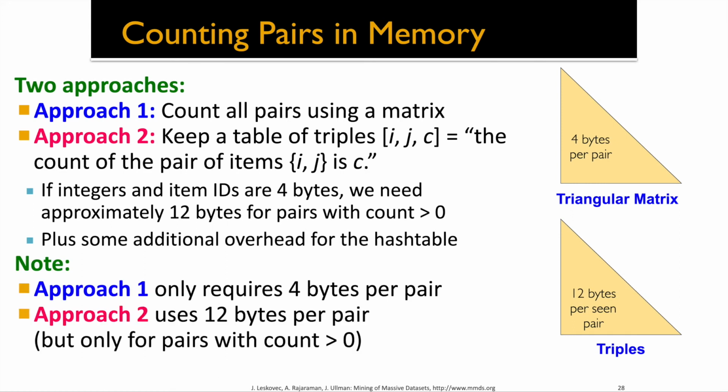So we can say, well, we have 4 bytes per pair for this triangular matrix, and we have 3 times that for approach 2, but we only have to pay that 12-byte cost for pairs that actually exist. So if you imagine that the space of items is so much larger that the matrix of pairs of items might be very sparse, then we can save a lot of memory by not having to store a bunch of zeros for pairs that never exist in our data.